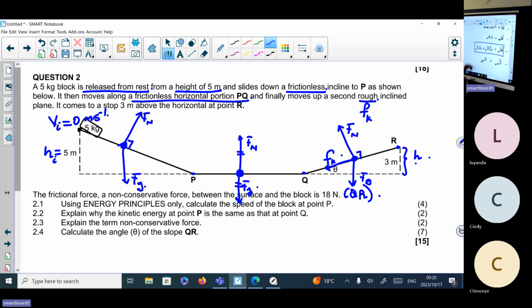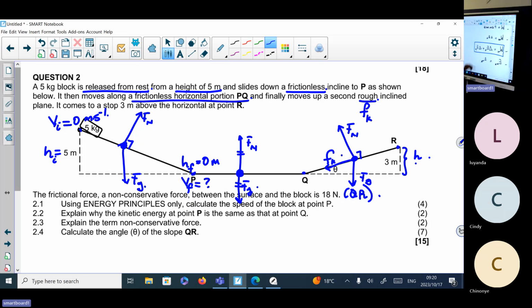So let's look at our first question. Using energy principles only, calculate the speed of the block at the point P. What do we know about this point P? We want to find the velocity here, but we know that the height from the top to there, we are now at the bottom of this, so the height is 0 at the point P. And what else did we say?